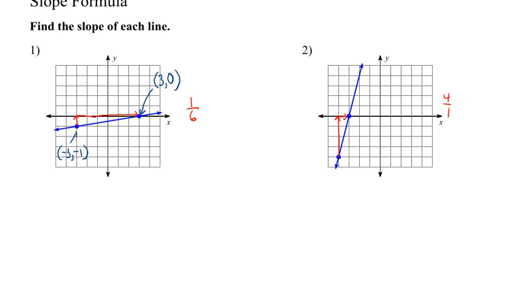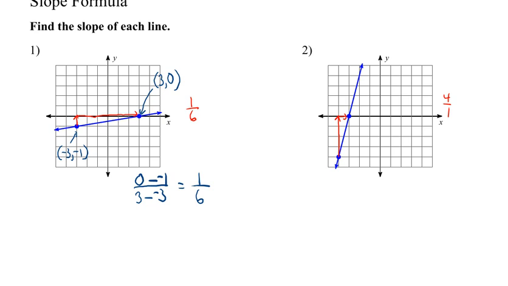When I went up 1, it's because I went from y equals negative 1 to y equals 0. 0 minus negative 1 is 1. When I went over 6, it's because I went from negative 3 to positive 3. And 3 minus negative 3 is 6.